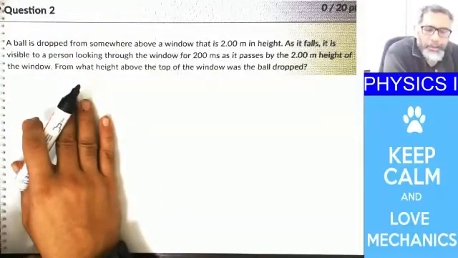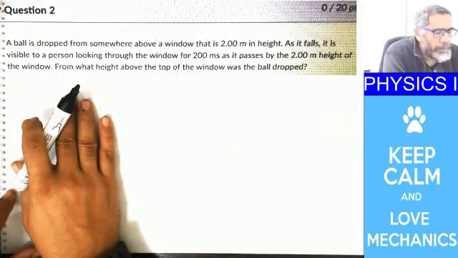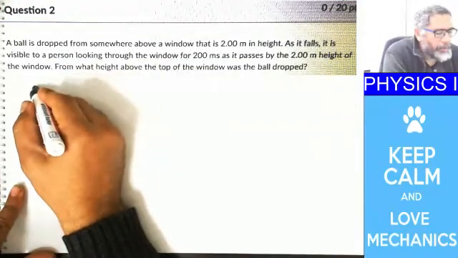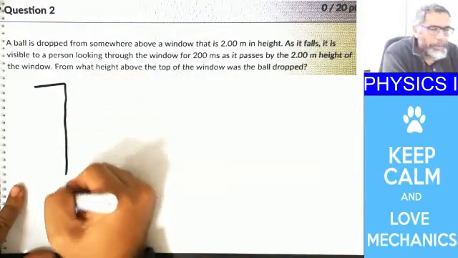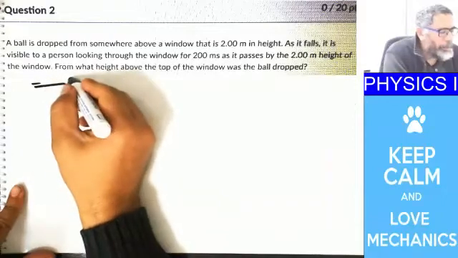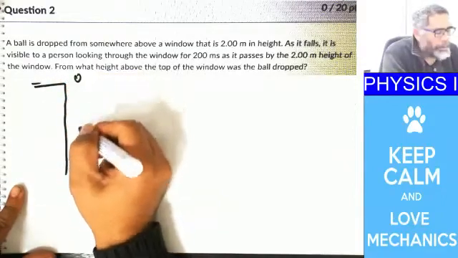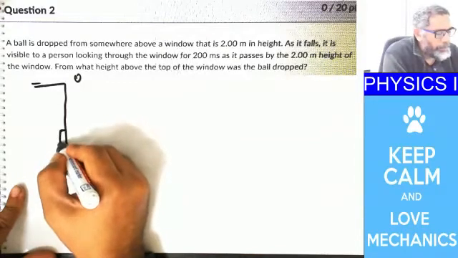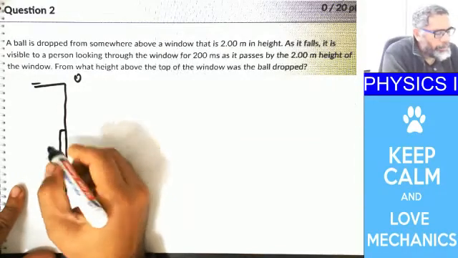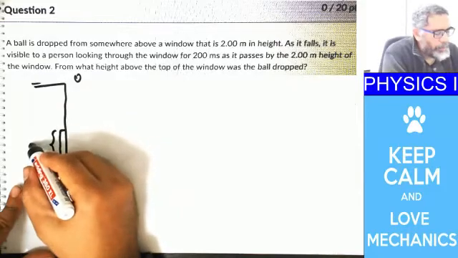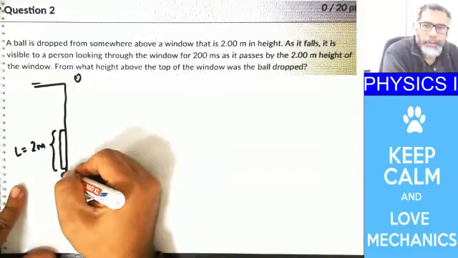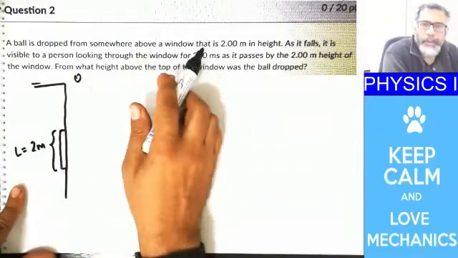So let me just put a picture for you to understand what is asked about the problem. Suppose you have this building, and a ball is dropped from the top of the building, and somewhere over here you have a window, which has 2 meters in height. Let's call this L, the height of the window. This is what is given in the problem.